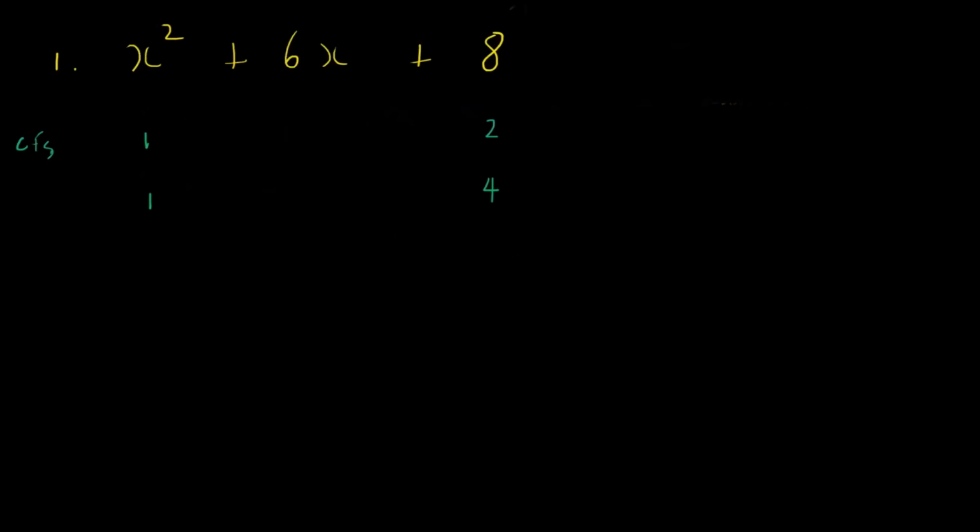Our rule, ladies and gentlemen, is when we work out the common factors in this form, and I'm more than happy for you to write it out like this, that when I cross multiply this and then add it to this, let me draw it again.